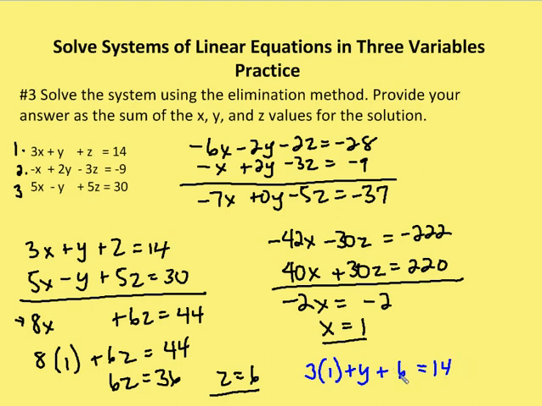I'm going to subtract 9 from both sides, and I get y is equal to 14 minus 9, y is equal to 5. So my ordered triple ends up being x is 1, y is 5, z is 6. And that is my solution for this system of equations in 3 variables.